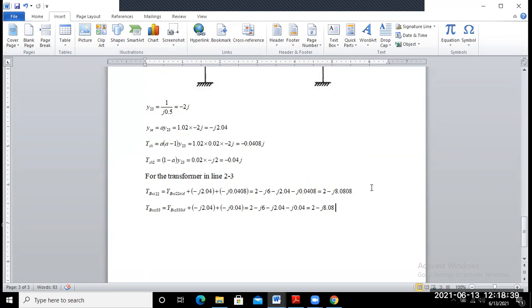Similarly, you can find the value of Y bus 23.